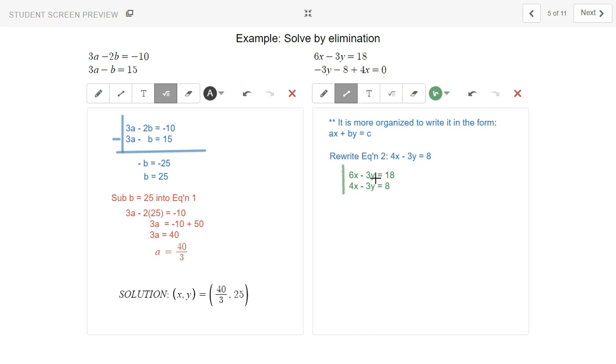The nice thing here, negative 3 and negative 3. The two negative 3's, I know that if I subtract, I'll end up having negative 3 plus positive 3, and this eliminates my whole y term.